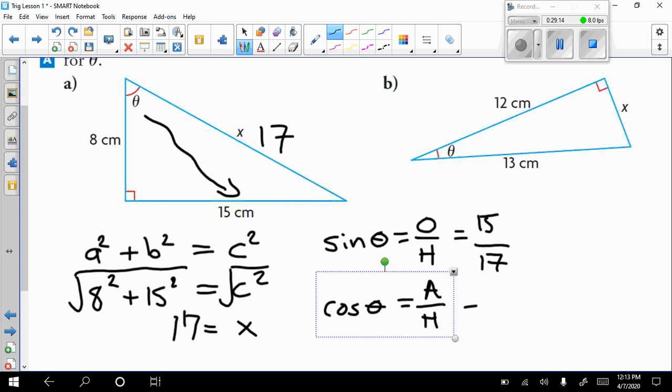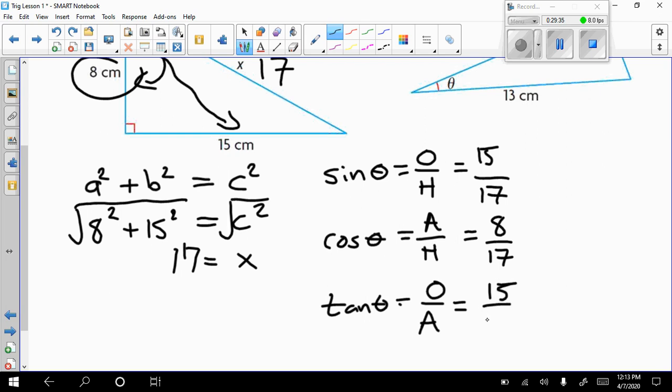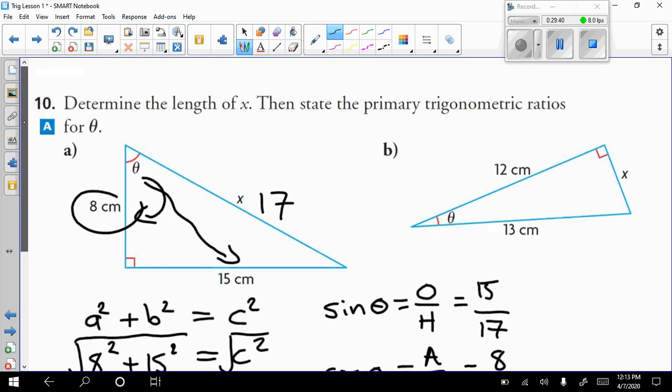That's the CAH. And so adjacent is 8 over 17, because the 8 is adjacent to the theta. And finally, tan of theta is opposite over adjacent. It's TOA. And so opposite was 15 and adjacent was 8. Okay? And so they just want you to state the ratios. So can you guys do it for number 10?